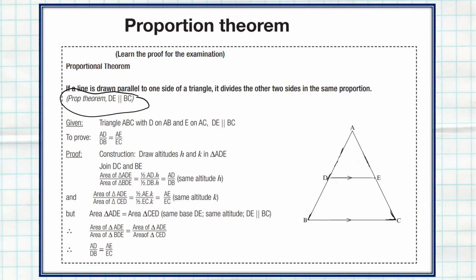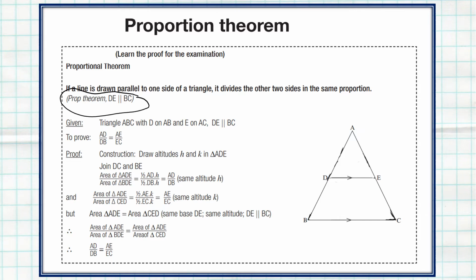Okay, let's now prove this theorem. Let's prove whether it's really true what they are telling us, that if there's any line drawn parallel to one side of a triangle, it will divide the other two sides in the same proportion.